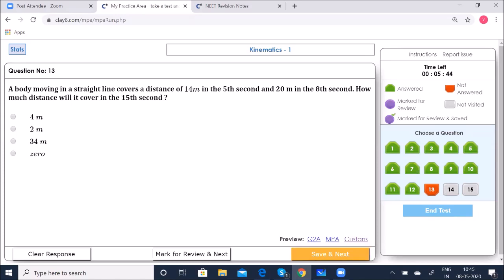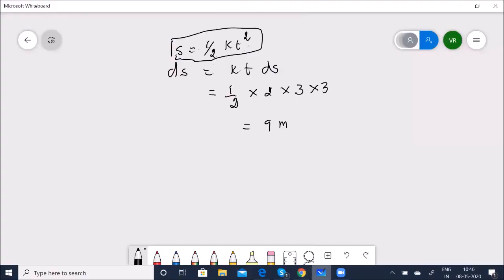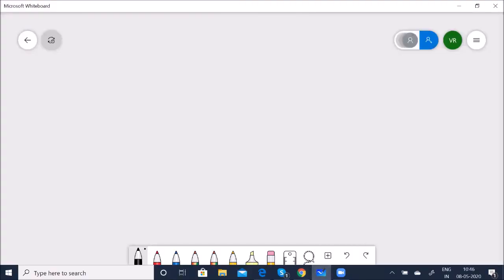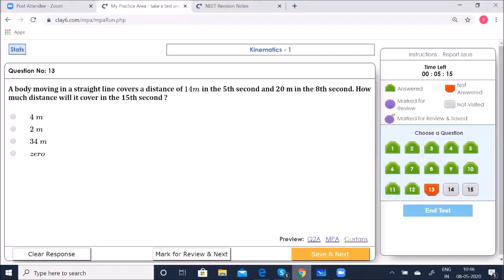So it is clear that we are making use of the instantaneous speed here. So we'll have to use the formula Sn is equal to U plus A by 2 times 2n minus 1. So S5, the 5th second, is going to be U plus 9a by 2, since 2 into 5 is 10, 10 minus 1 is 9. He says the distance covered is 14 meters in the 5th second.